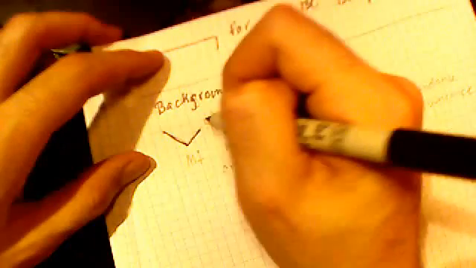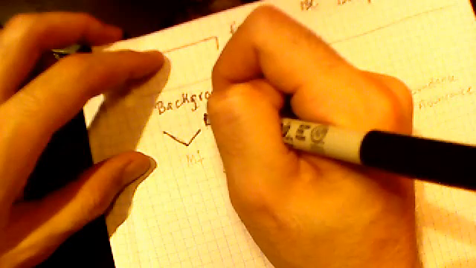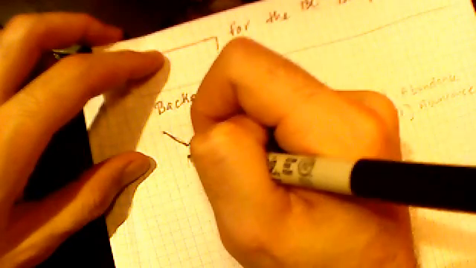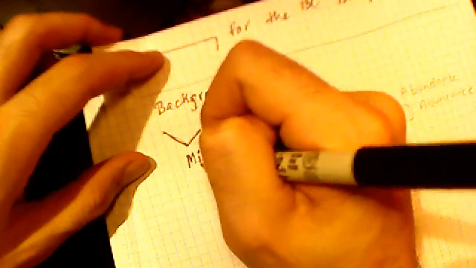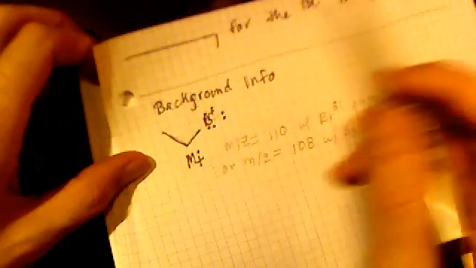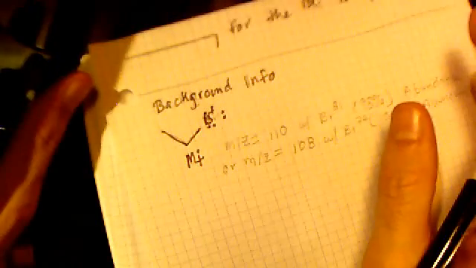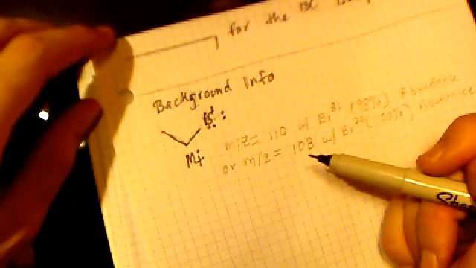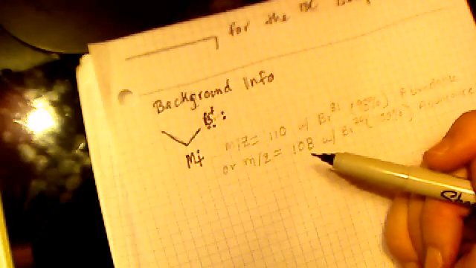Alright, so let's deal with ethyl bromide, right? So if we have the ethyl bromide, just the M value where the electron's been shot and it hasn't been fragmented. There's two isotopes of bromine, right?